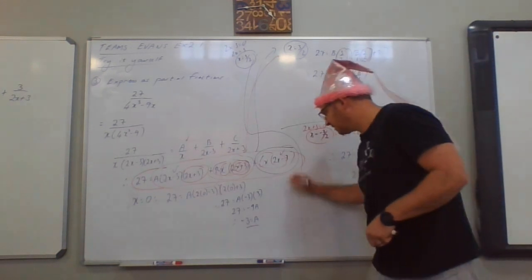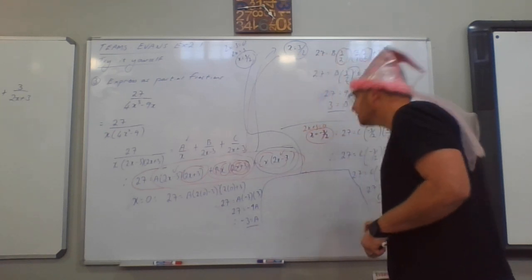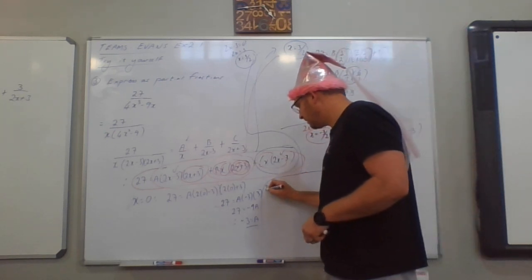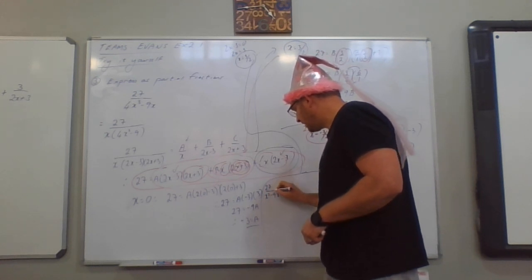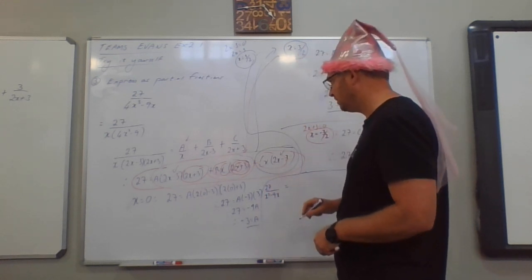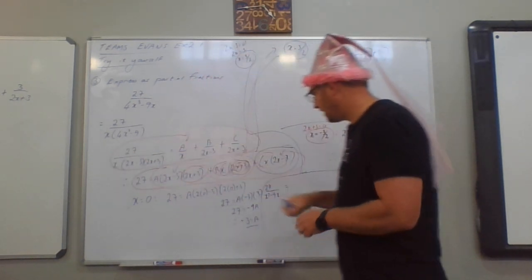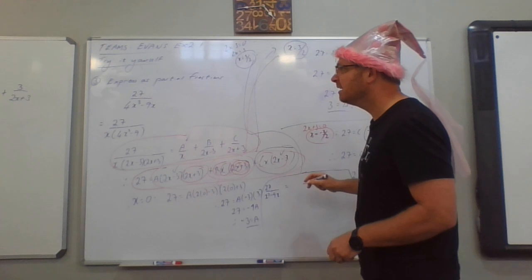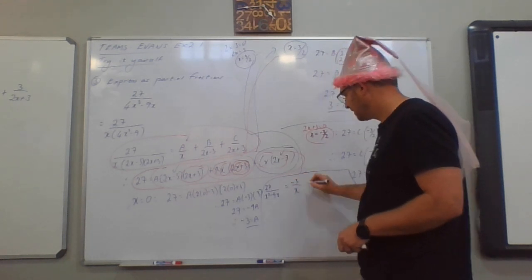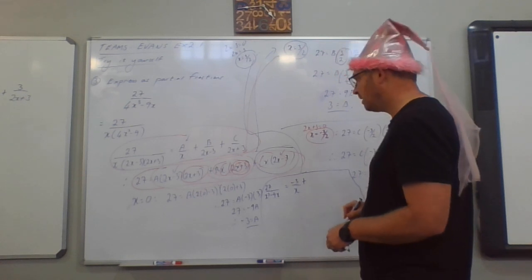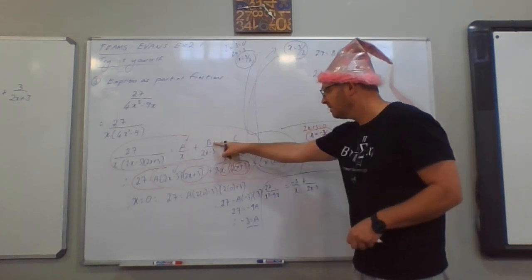And so we've got A, B, and C. So your final answer is that 27 over 4x cubed minus 9x can be resolved into, well, if I go back to here, what's A? A was negative 3, so it'll be negative 3 over x plus B over 2x minus 3, or what's B?